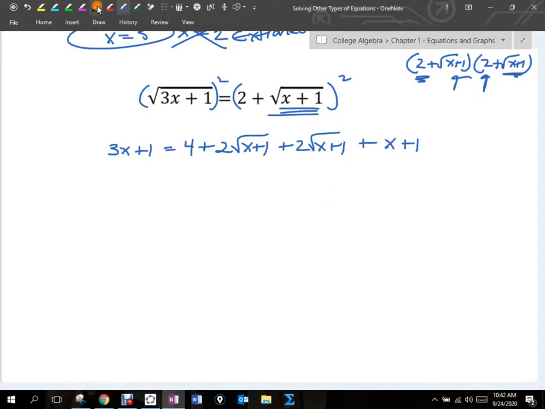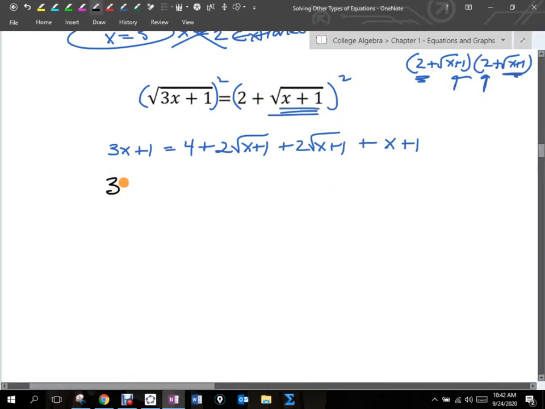Now there's a lot of like terms here, so I'm going to go through and take care of those. I got that 4 and that 1 gives me 5. I'm going to have this plus x, and now I've got these 2 things as like terms. They have the same radical, so we can add the coefficients or the multipliers, and I get that.